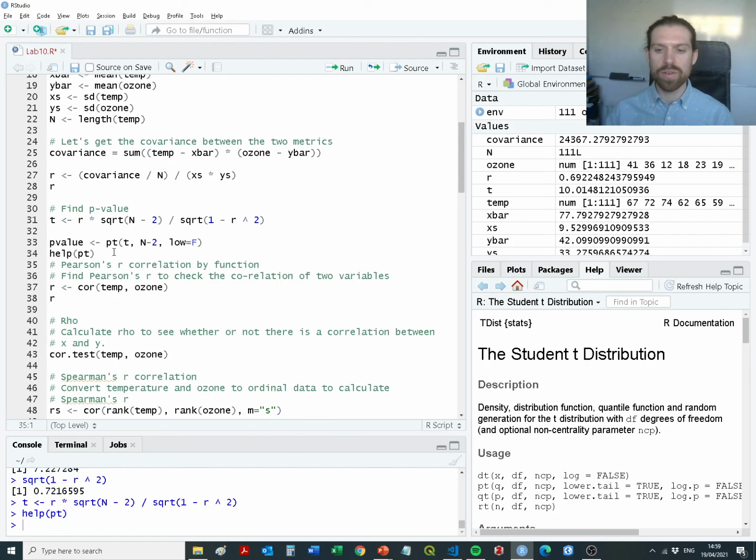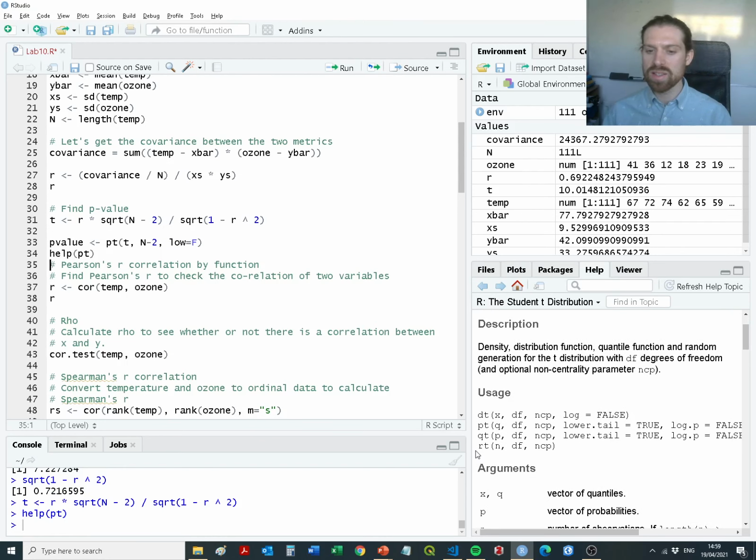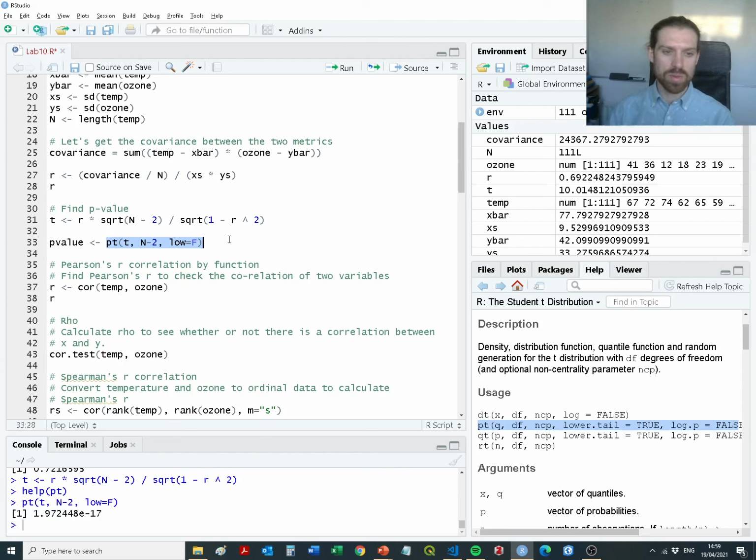And then we can actually use our standard function. So this is for the student t-distribution, but we can get the p-value, so the probability value of the occurrence of that particular value, by using this standard function, which now you must have used many times because you've had lots of assessments to submit, so you must have worked out how to use this function, so I'm not going to spend much more time on it.